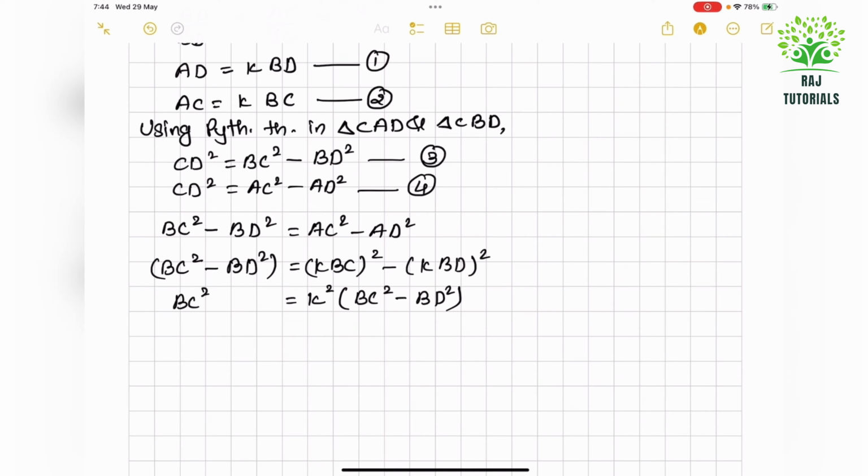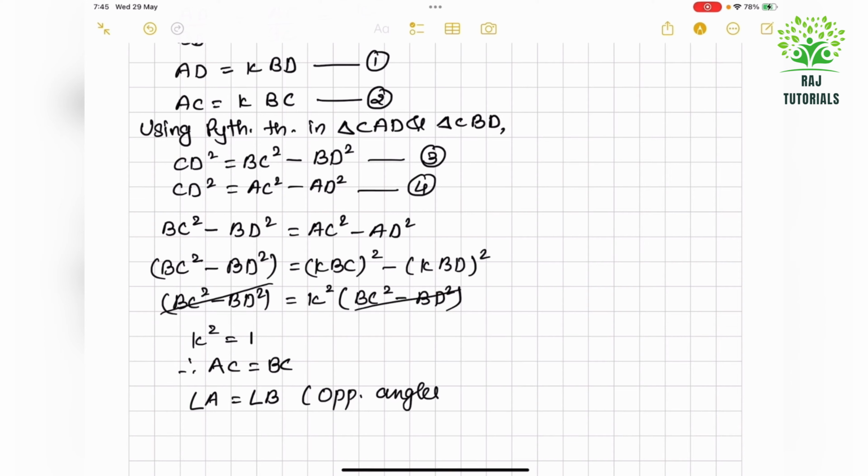Now both sides BC square and BD square are equal. So if I cut the bracket, I can say K square equal to 1. Therefore AC equal to BC. So if AC equal to BC, then angle A equal to angle B, because angles opposite to equal sides are equal.